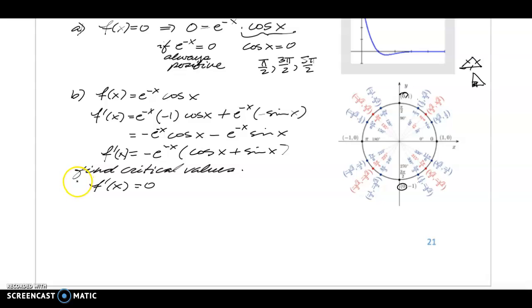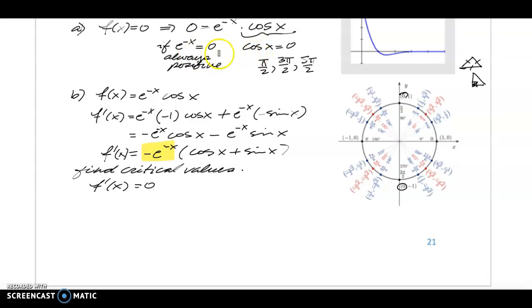Now we want to find the mins and maxes. Okay, well, here we go. Let's just go for the hunt. So we're going to see right here, we already know for this term that if e to the minus x is equal to 0, then you know what?